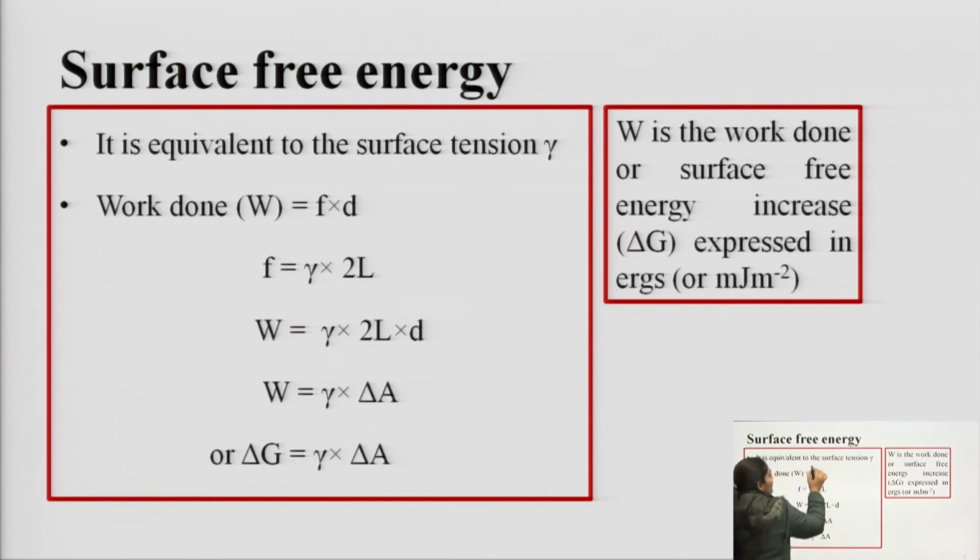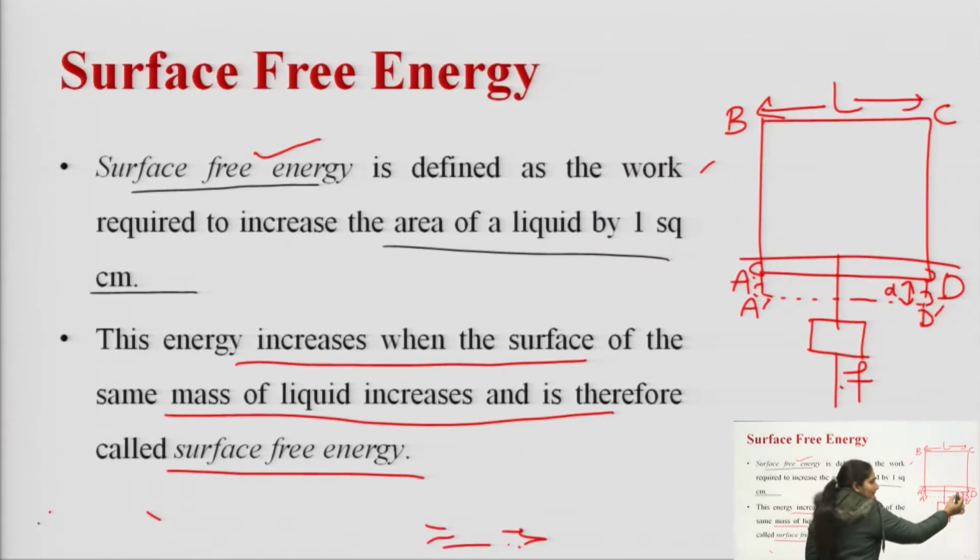So, it is equivalent to the surface tension gamma. So, work done, represented by W, is equal to F into D. F is the force that we are applying on the movable arm AD to increase the surface of the soap film, and D is the distance moved by the movable arm from AD to A dash D dash.